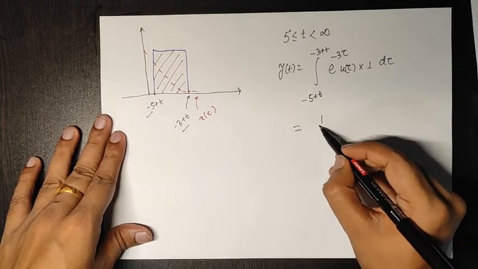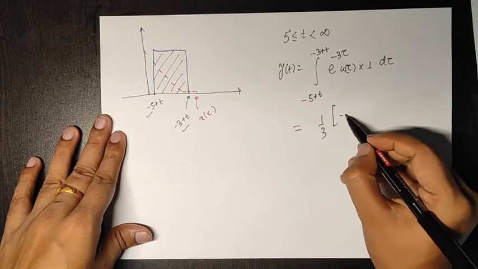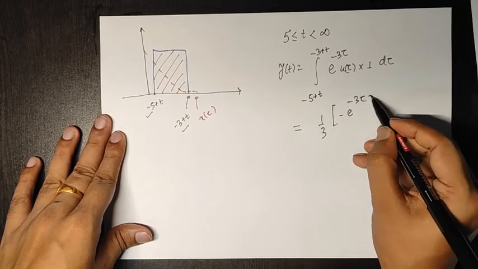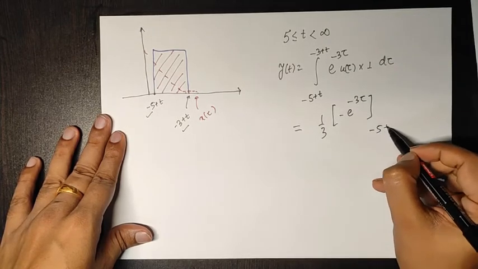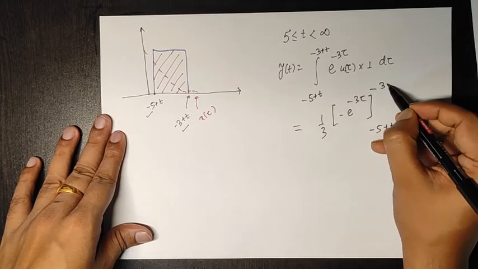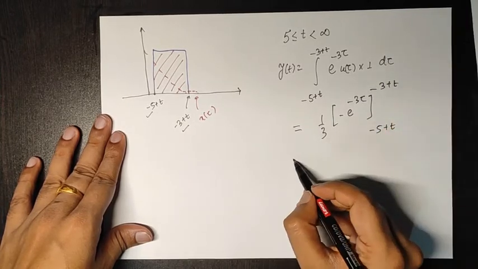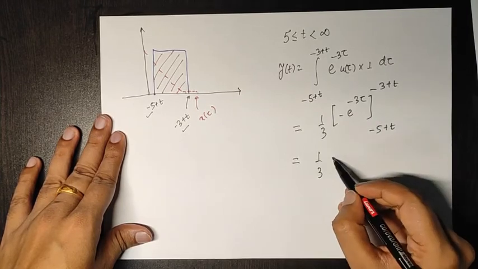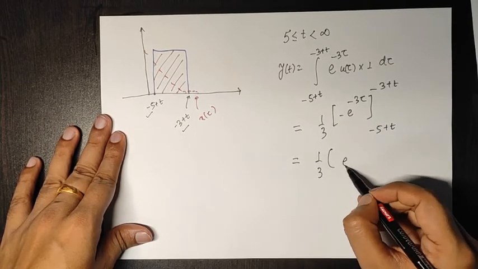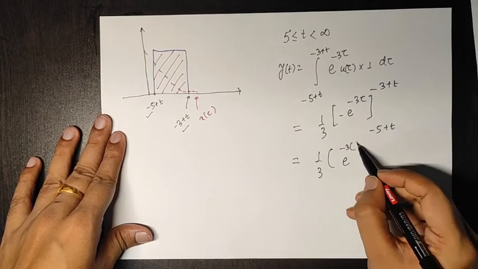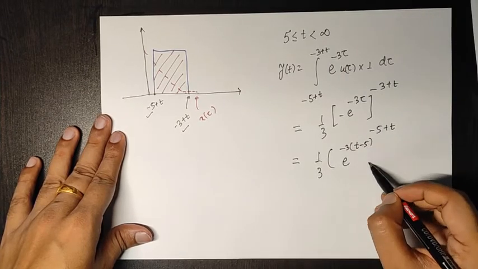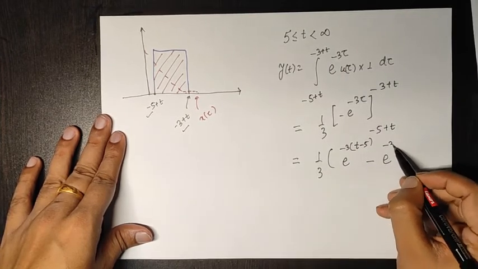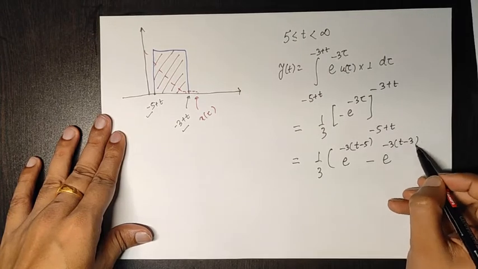So it will be 1 by 3 times minus e to the power -3 tau from -5 plus t to -3 plus t. Finally we can write it here as 1 by 3, and the final equation will be e to the power -3(t minus 5) minus e to the power -3(t minus 3).